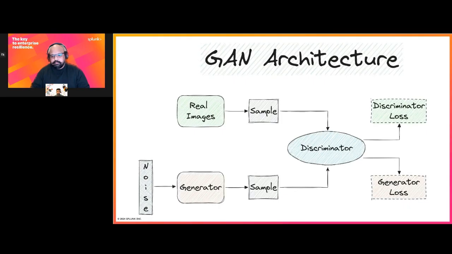It's a zero-sum game, so both cannot be successful. Eventually, the discriminator would not be able to pick real images from those generated synthetically, and it will give you a response as good as a coin flip. In that case, you know that there is no useful input that could be used by the generator to improve its performance. How the discriminator performs is critical for the generator to improve or update its parameters and come up with an even better looking image.